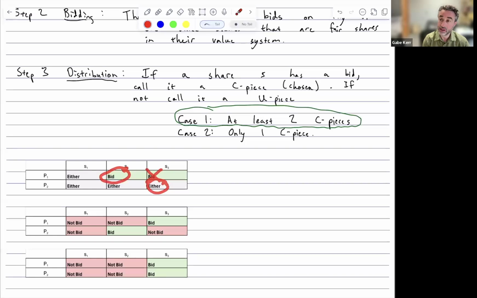And then the remaining share, S1, will be given to the divider because all three shares are fair shares for the divider. So when you have at least a single player that's bid on at least two of the shares, then you can always do a fair division. And again, we'll look at a couple of ways.